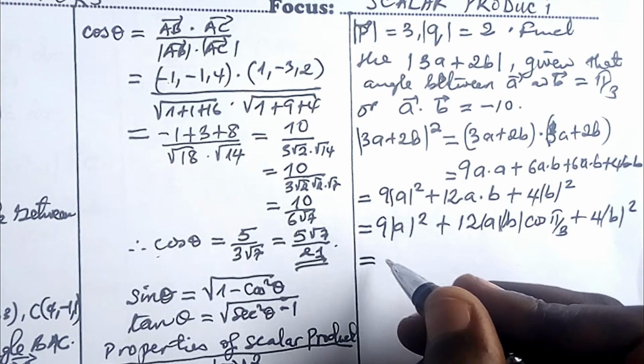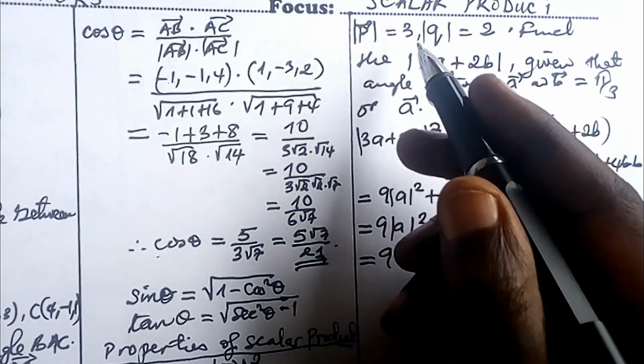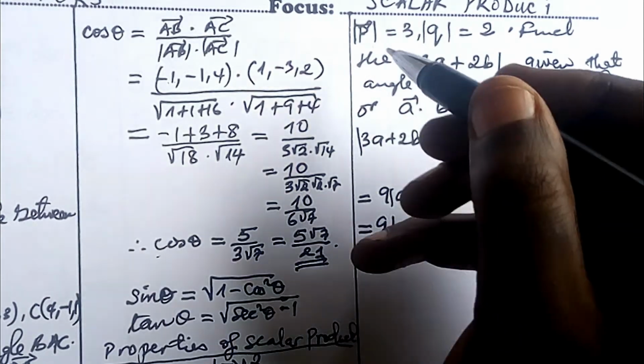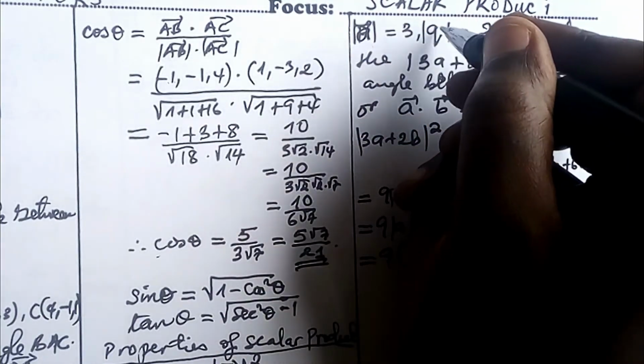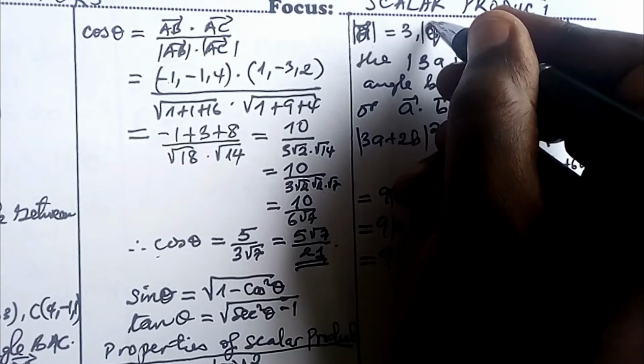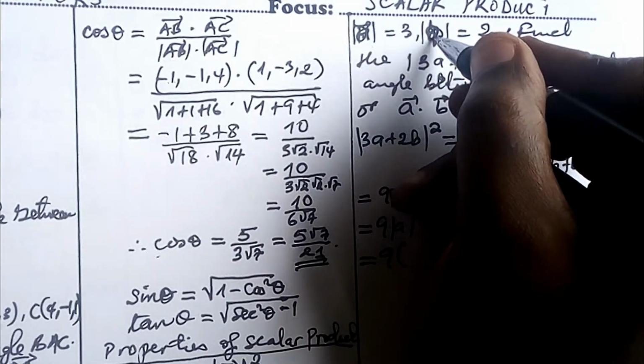So now I'm left with substitution. We are dealing with a and b here, so I use the magnitude of a being 3 and the magnitude of b being 2.